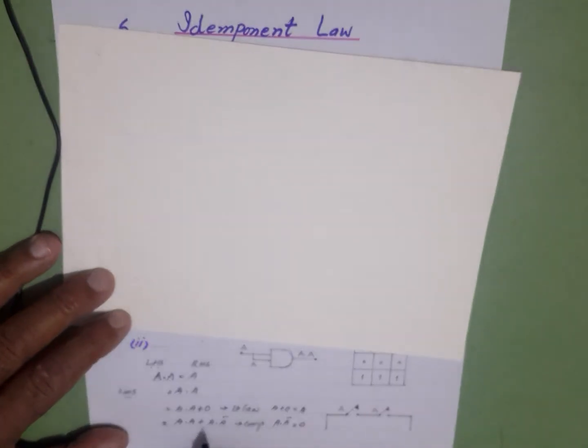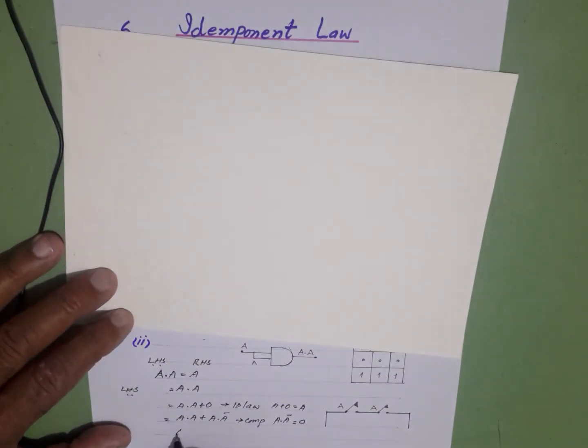We are going to take A common. Taking A common, it is A dot A plus A bar. A is common, and it is A plus this.